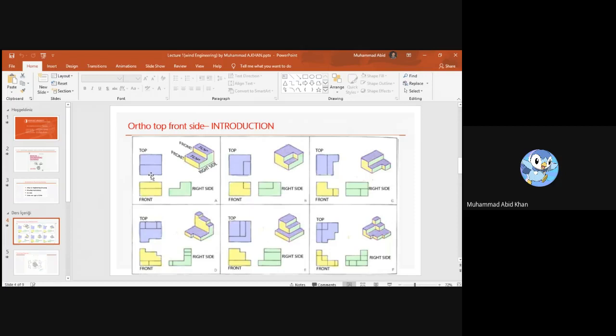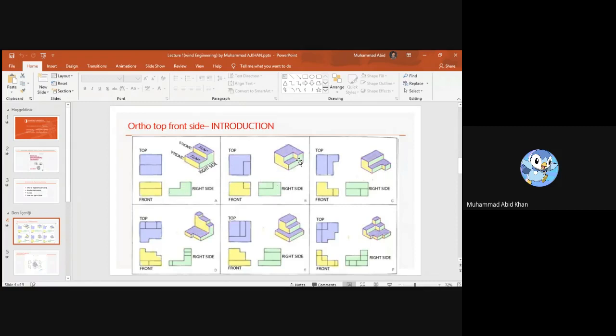How we draw it is here. When we are looking from the top side, we draw it here. The front side is here and the right side is here. There is another example given as well. You can see it. Let me show you one more. This one is an example.